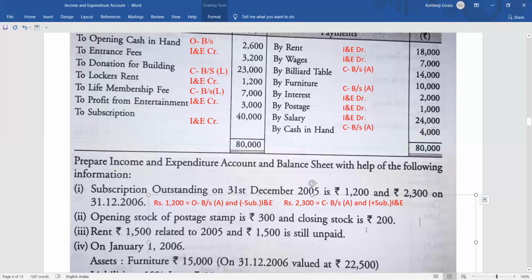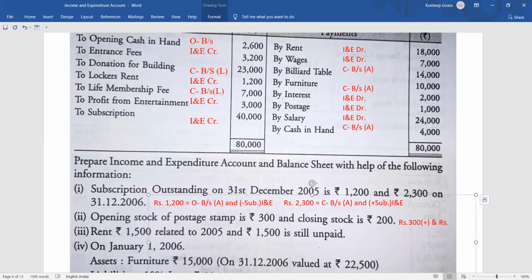opening stock. What is there? Opening stock of postage stamp were rupees 300 and closing stock was 200. So what will happen with rupees 300? See, rupees 300 is opening stock, isn't it? So that will be added while calculating postal stamps consumed, like what we have done in the previous day with the stationery, right?